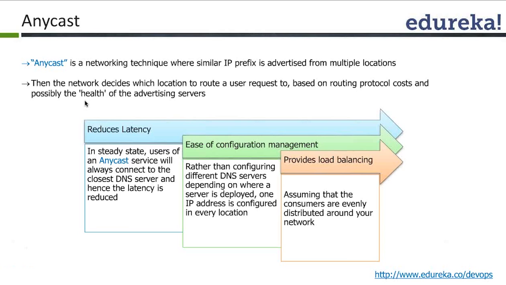It will come to the closest Google location, most likely Singapore or Hong Kong, wherever the Google data centers are. So this is the Anycast way of handling things, and though this is not configured in any DNS, it is kept as part of your router configuration, and we can't do much about it. It's the prerogative of the network engineers who handle this, but we understand that there is a concept called Anycast.